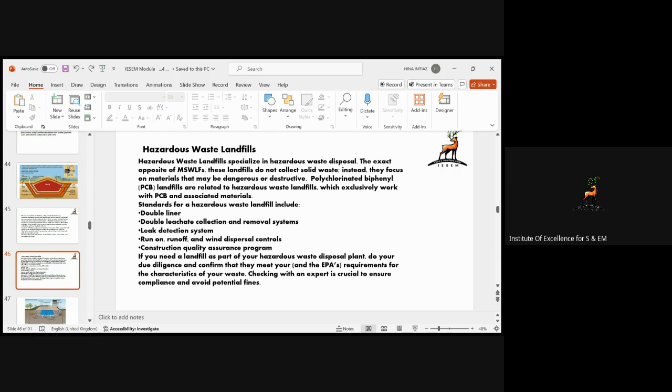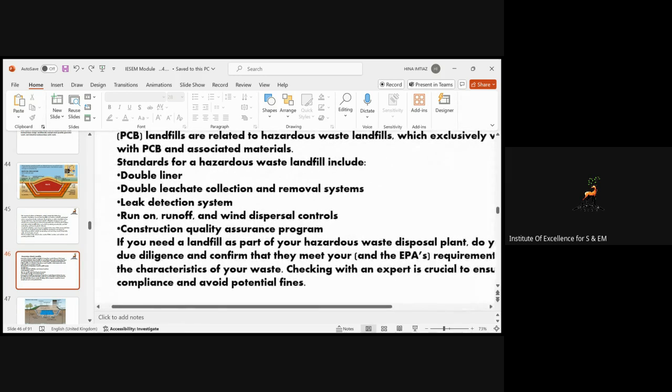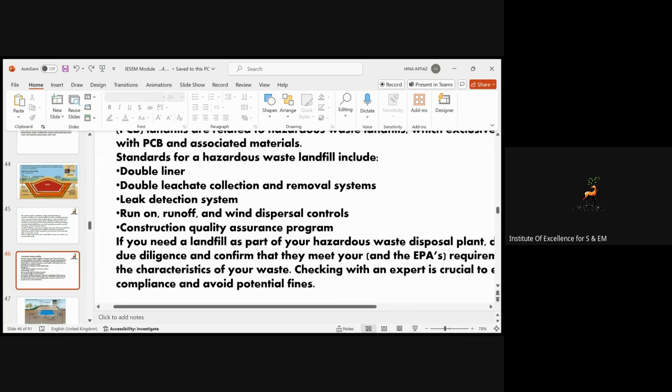Standards for hazardous waste landfills include that it must contain a double liner. The double liner is the first requirement for installation of a hazardous waste landfill. The second is a double leachate collection and removal system. Third is a leakage detection system. The fourth is a runoff and wind dispersal control system, a method used to protect the air.